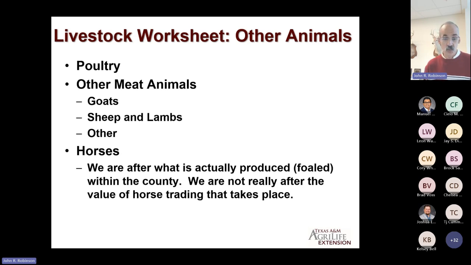You're probably telling me that you just happen to know how many horses are in your county and what they're worth. But that's an asset value kind of statement. That's not a value of production statement. We're after value of production. So we only want to know what was actually born and sold, not how much horse trading there is in your county.